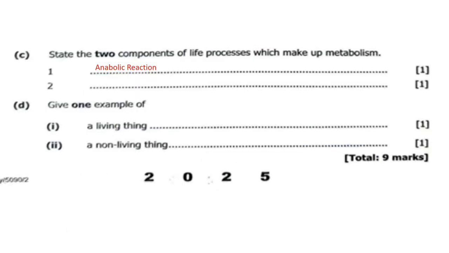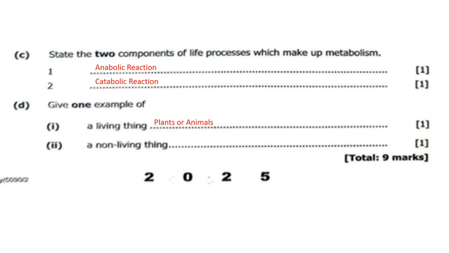State two components of life processes which make up metabolism. So the two processes that we have are anabolic reaction, and also catabolic reaction. All right. Give one example of a living thing. You can either say plants or animals.